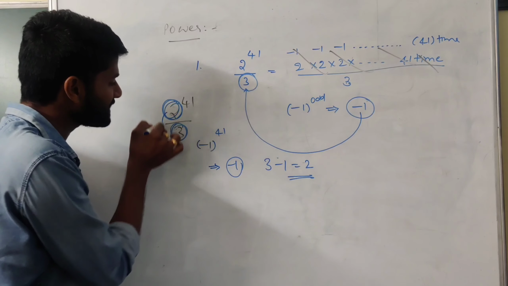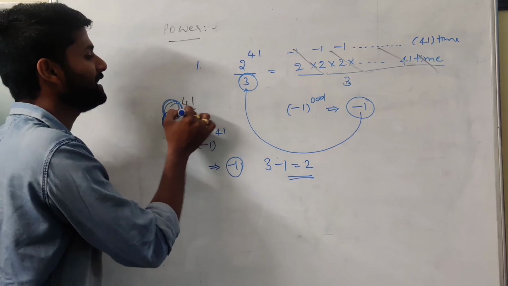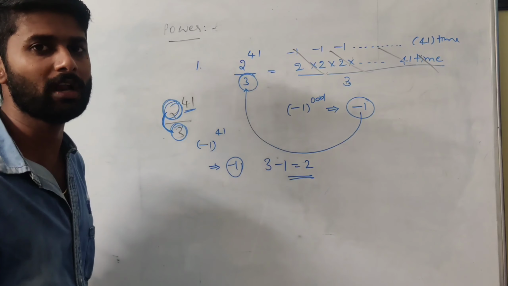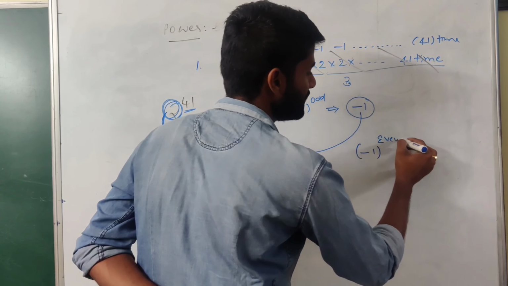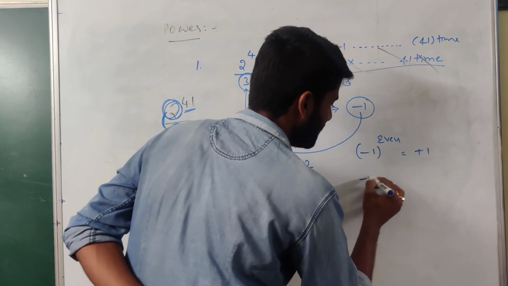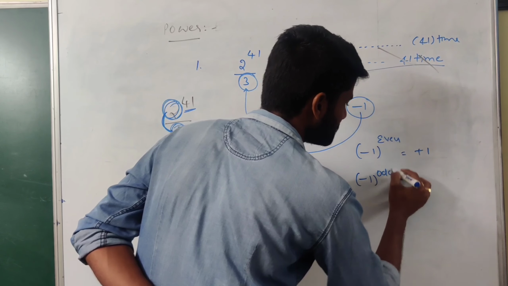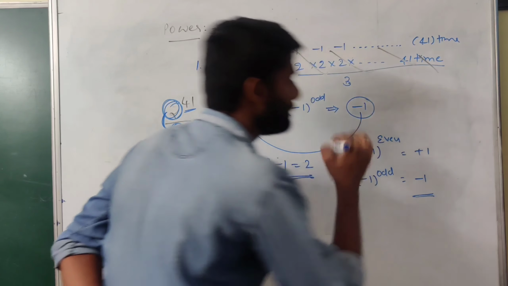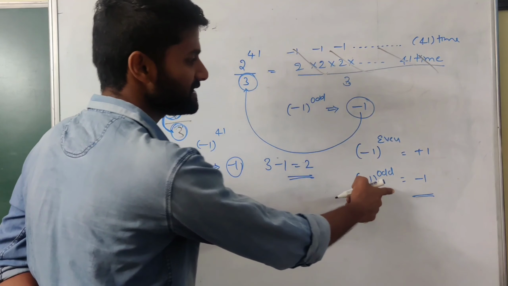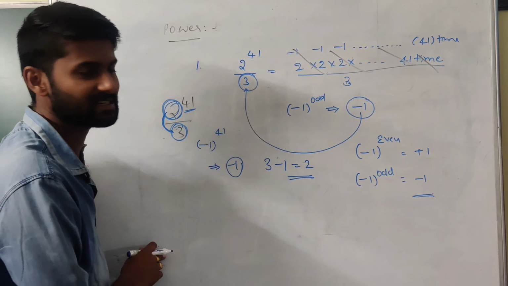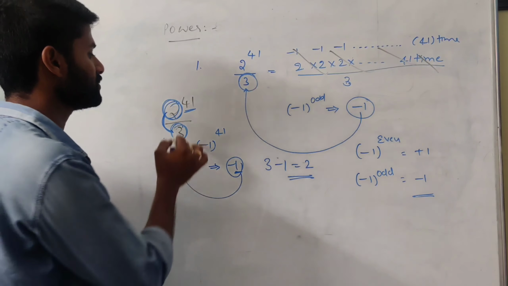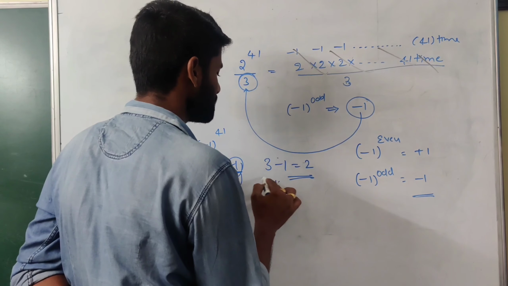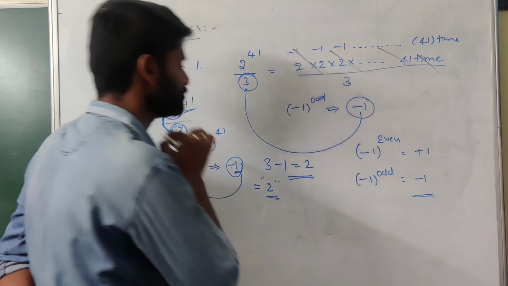Directly you can check these two values, then apply the power value, whether it is even or odd. We already know that minus 1 power even is positive 1, and minus 1 whole power odd is exactly equal to minus 1. Clear? So based on this application, we get minus 1 as the resultant, and whatever the minus value, simply add it to the denominator. So 3 minus 1 is equal to 2. So this is the answer part.